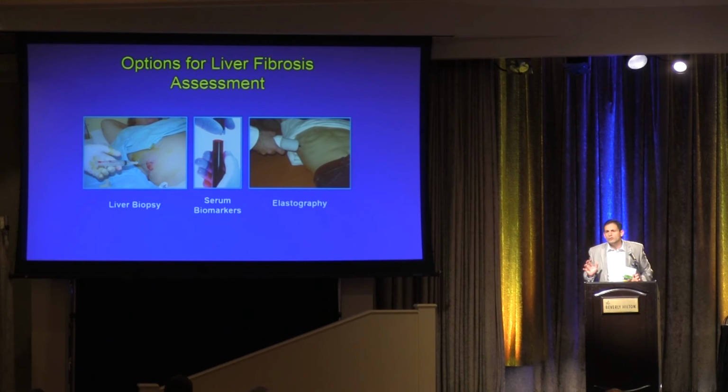They're going to be at risk for liver cancer even if you cure the hepatitis C infection. And you can stage them any way you want to. Biopsies, serum biomarkers, elastography. Imaging, ultrasound, CT, or MRIs. Because with advanced disease, if you cure them, they're at risk for liver cancer.